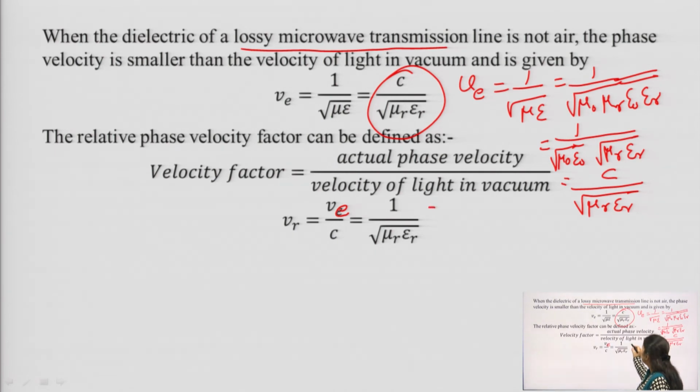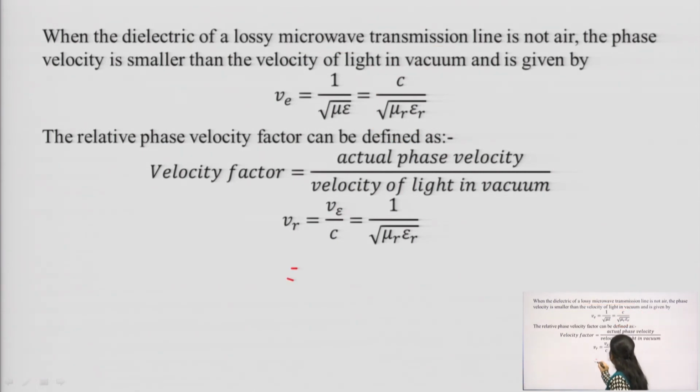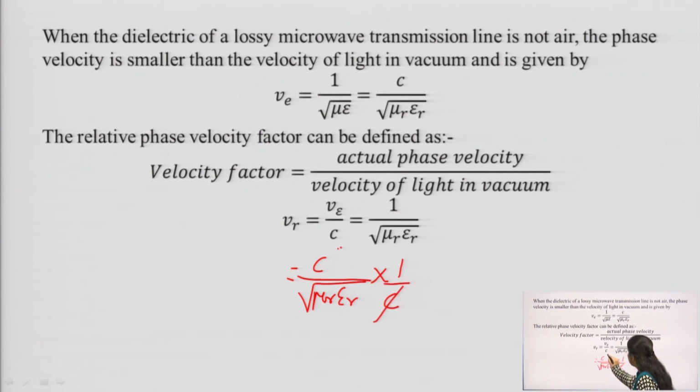So, what is v? v is equal to c upon under root mu r epsilon r, and it is divided by c. So, the c gets cancelled and we have the velocity factor as 1 upon under root mu r epsilon r. This is our velocity factor.